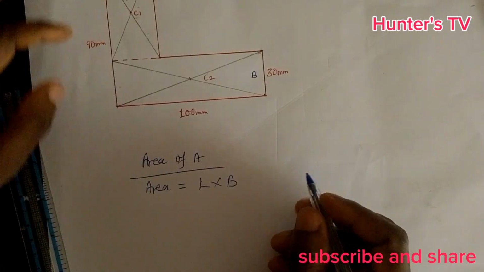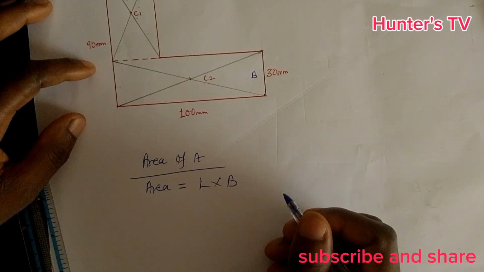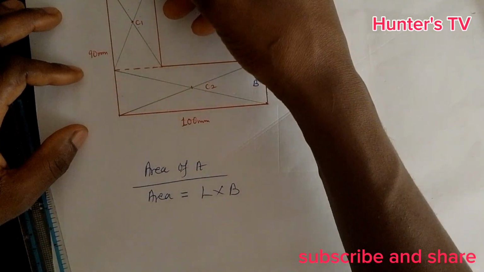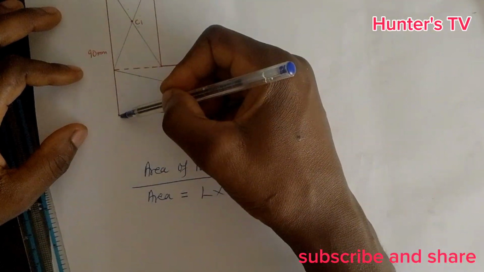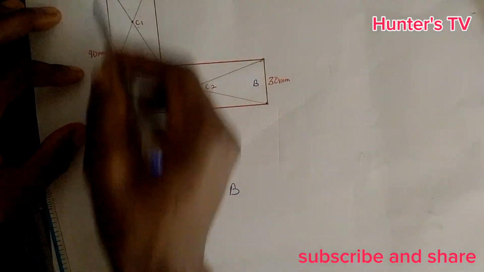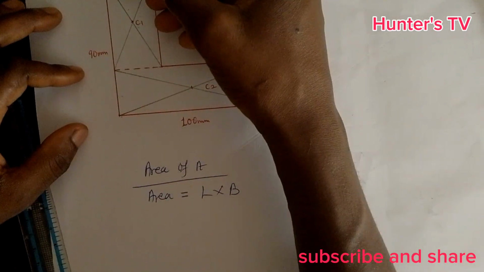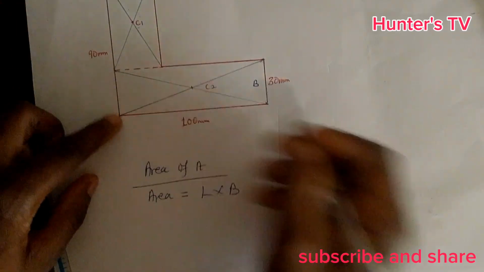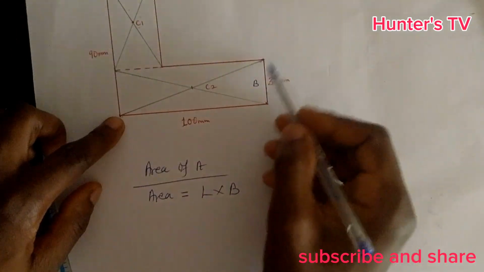For A, the length of the whole side was 90 millimeters, but for A alone the length will be from here to here, and we know from here to here to be 30.